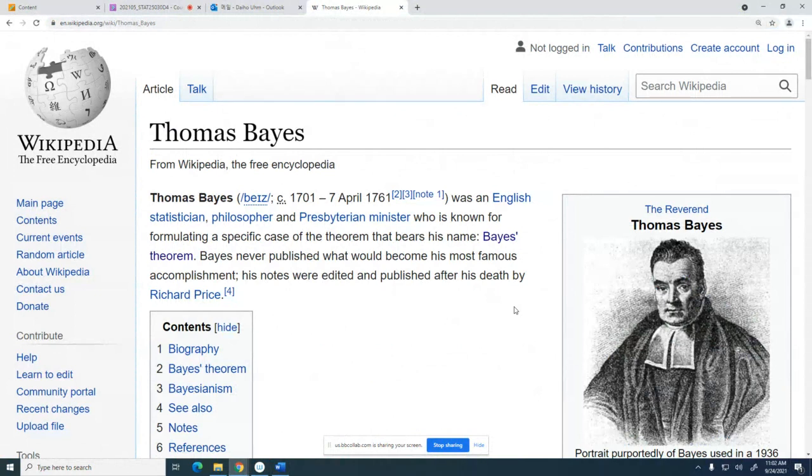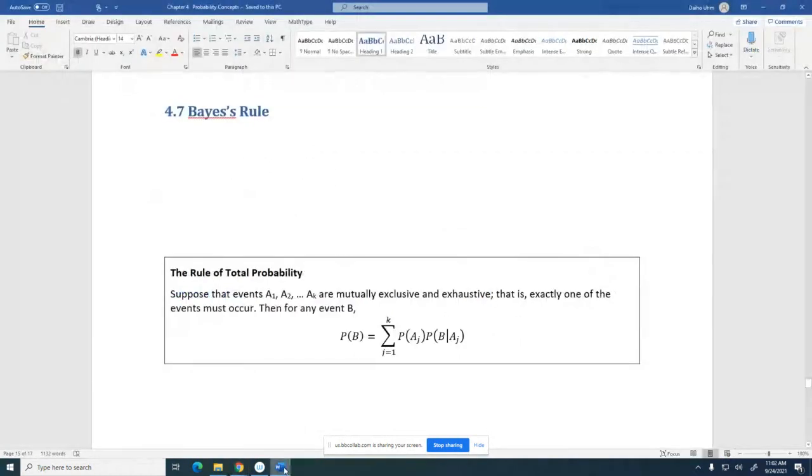He suggested the theorem, the rule, about 300 years ago. Very old one and very classical. Right? So today we are going to discuss what is his rule. If you want, please read the history of the Bayes rule.